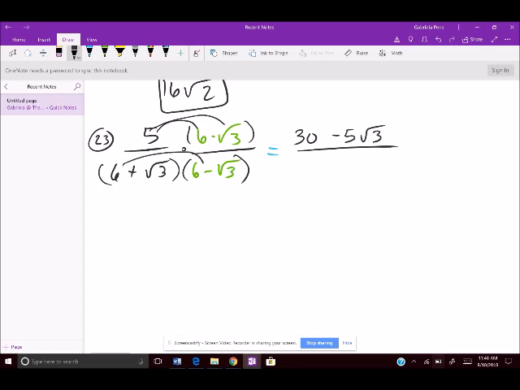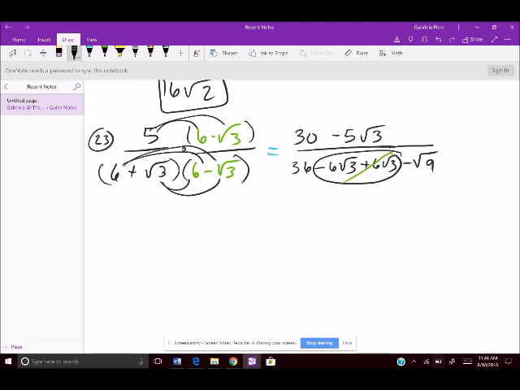So we have 6 times 6, which is? 36. 6 times the negative square root of 3. Negative 6 square root of 3. Square root of 3 times 6. Positive 6 square root of 3. And square root of 3 times the negative square root of 3. Negative square root of 9. Now these two, what happens? Cancel.